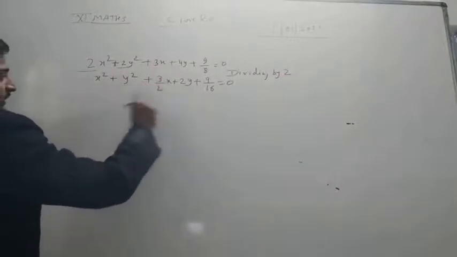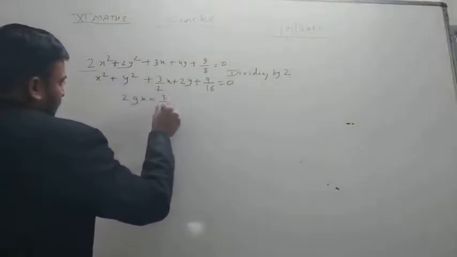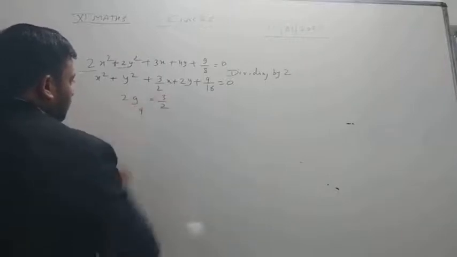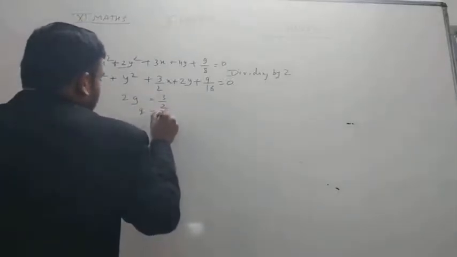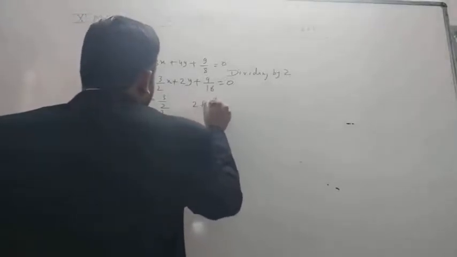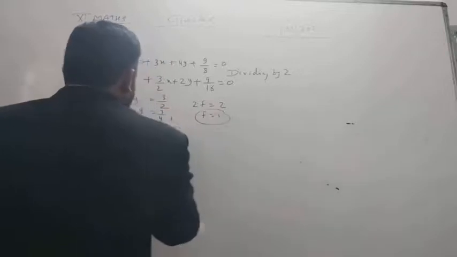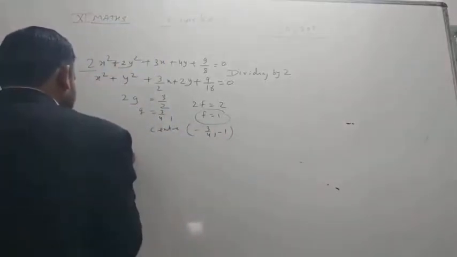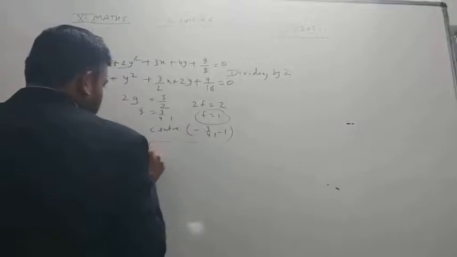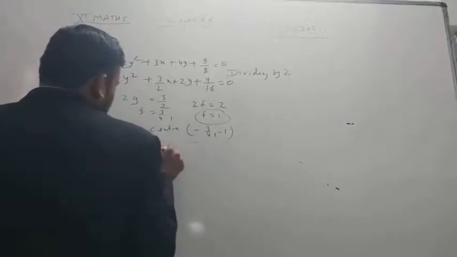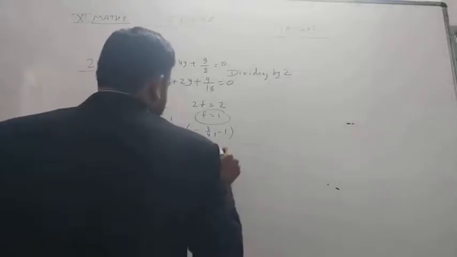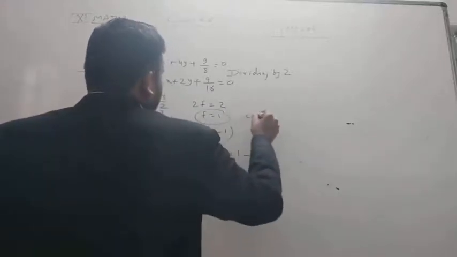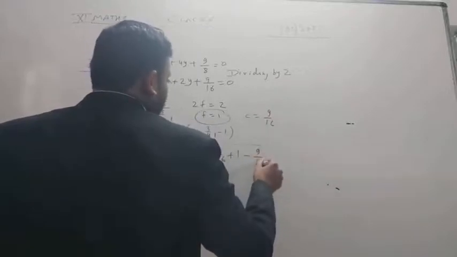Now student, comparing with the general equation, we write 2g is 3 by 2, so g is equal to 3 by 4, and 2f is equal to 2, so f is 1, so center is minus 3 by 4, minus 1, and radius is under root g square plus f square minus c, that is 9 by 16 plus 1 minus c, and our c is 9 by 16.